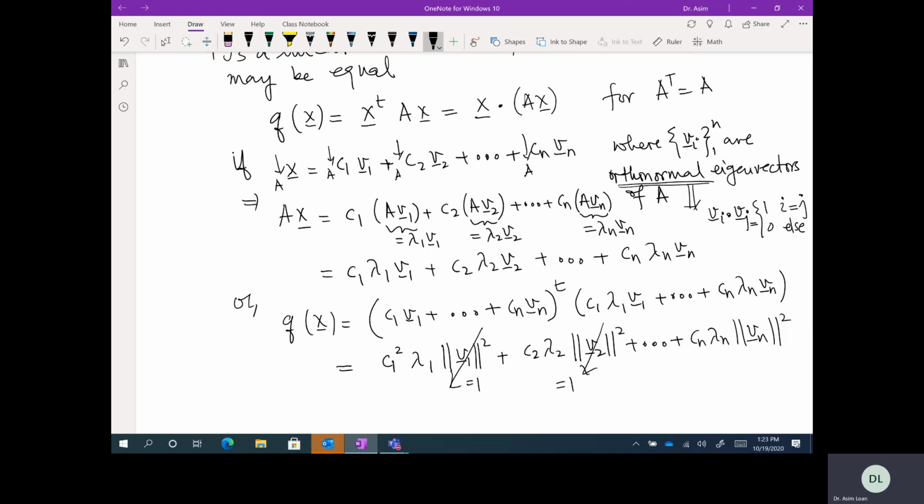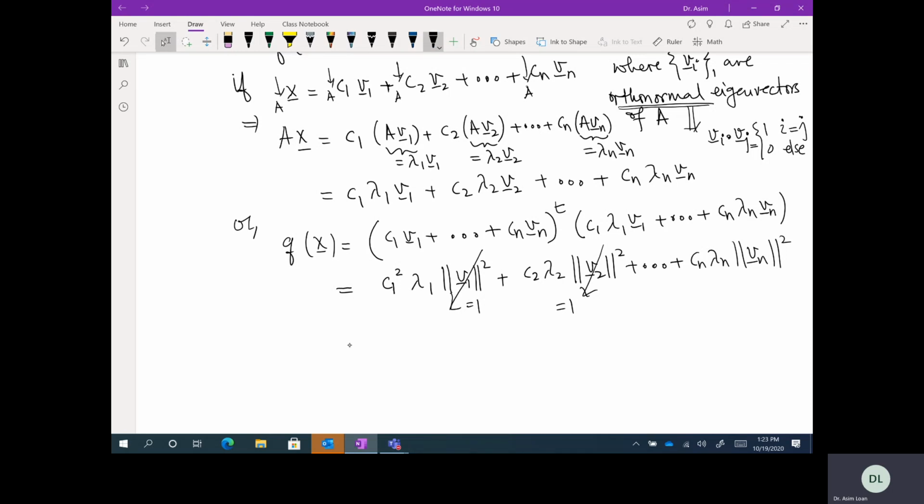So that's why the norm squared is 1, otherwise it's 0. So this is equal to C1 square lambda 1 plus C2 square lambda 2 plus Cn square lambda n.